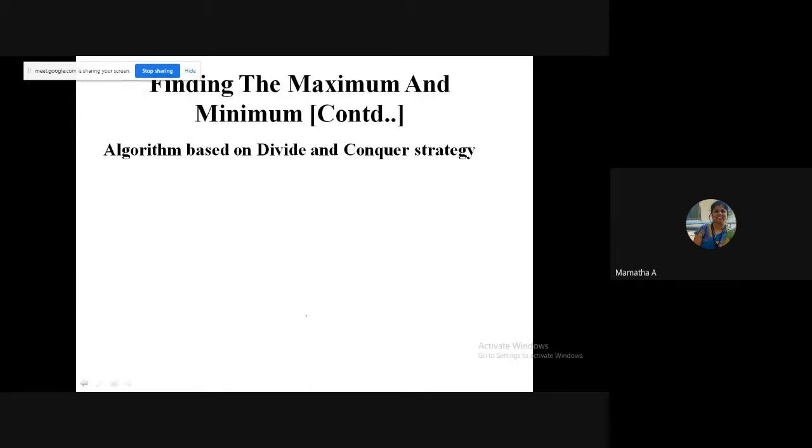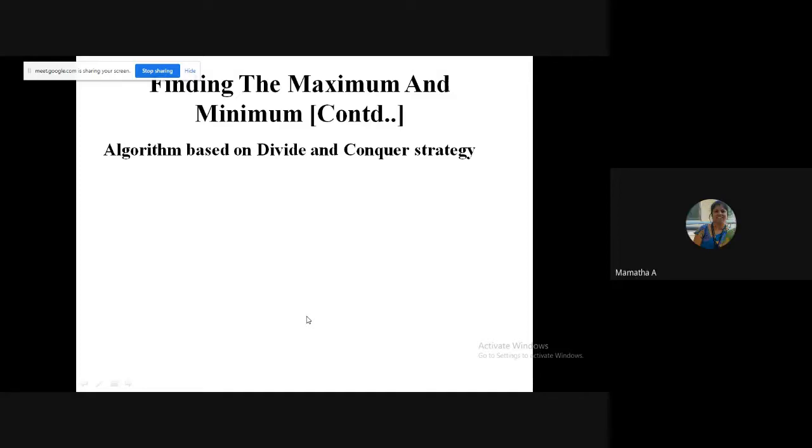Divide the problem into how many sub-problems? Two sub-problems. Okay.